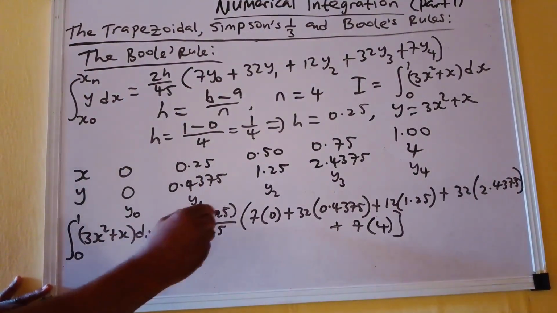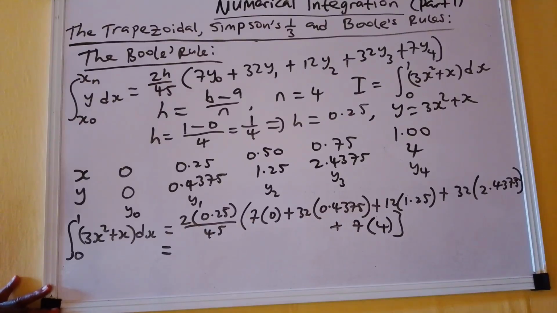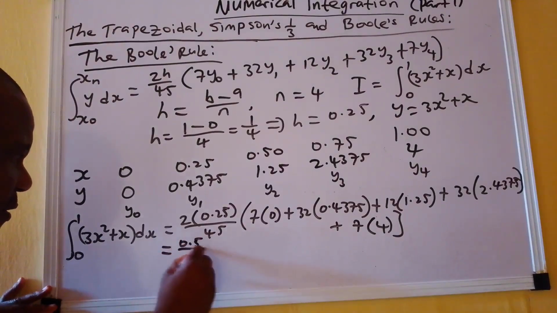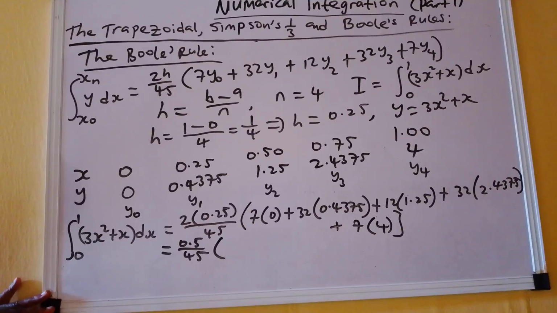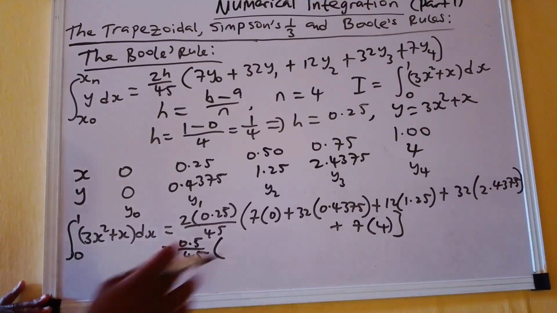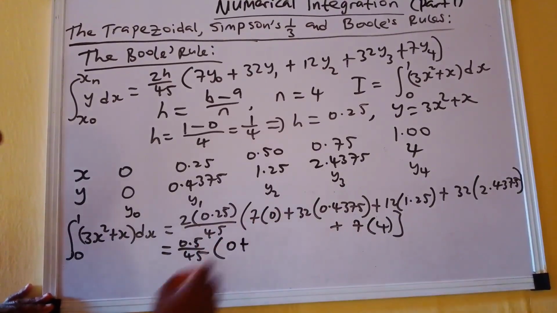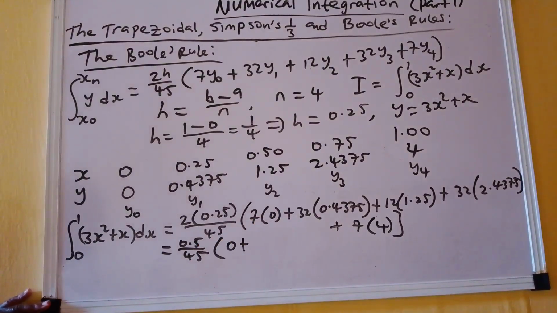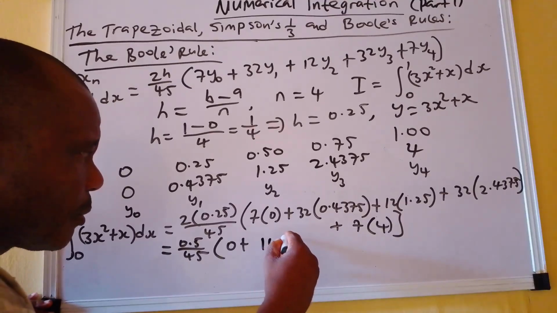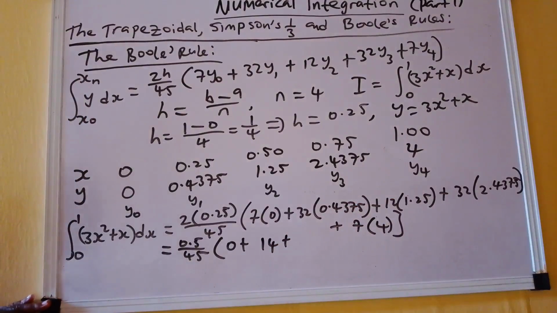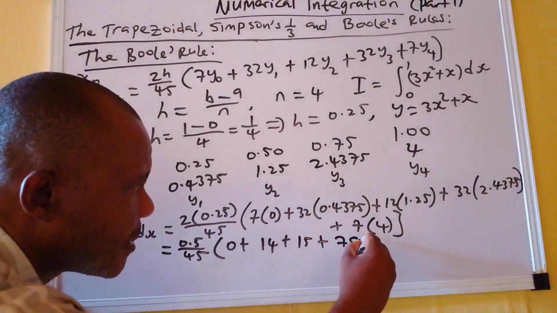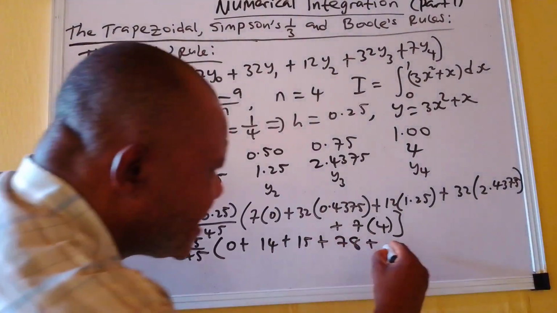So carrying this out, 2 times 0.25 will give us 0.5 over 45. 0.5 over 45 into, when you carry out all those values, you are going to have 7 times 0 is 0, plus 32 into that value will give you 14, plus 12 into 1.25 will give you 15, plus 32 into 2.4375 will give you 78, plus 7 into 4 will give you 28.